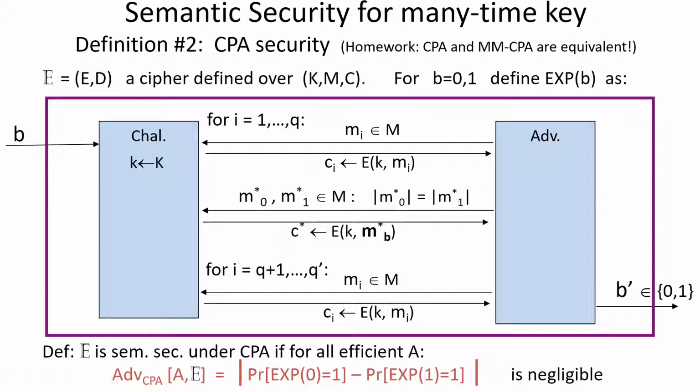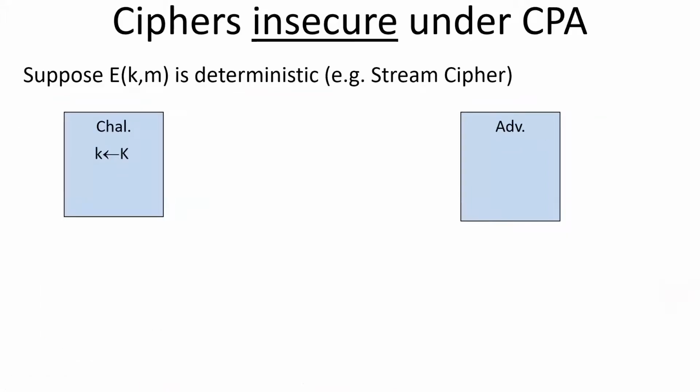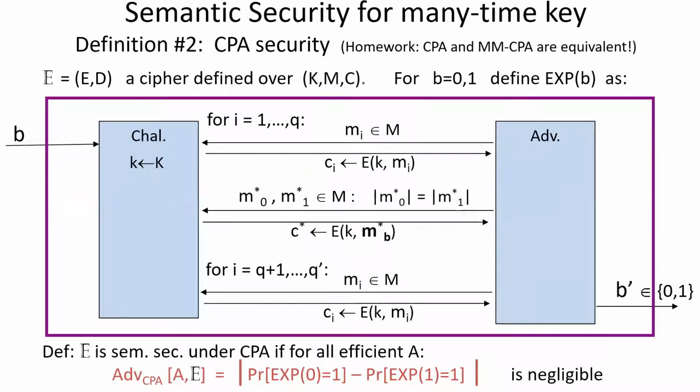It will be a homework exercise to show that these two models are equivalent, that these two notions are equivalent. It is easy in one direction and not so easy in the other.